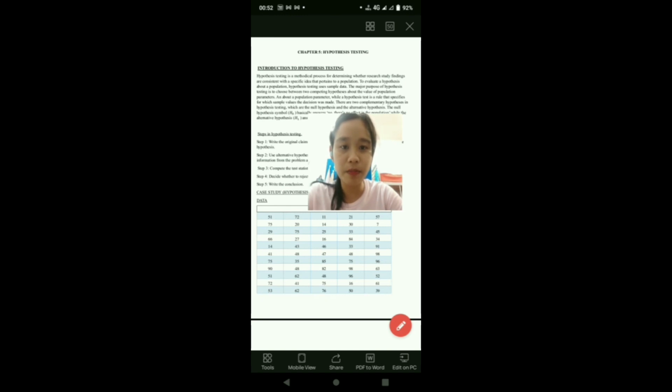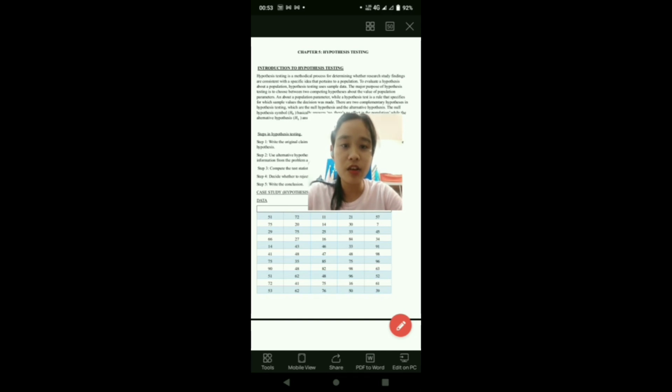The major purpose of hypothesis testing is to choose between two competing hypotheses about the value of a population parameter, while a hypothesis test is a rule that specifies for which sample value the decision is made.